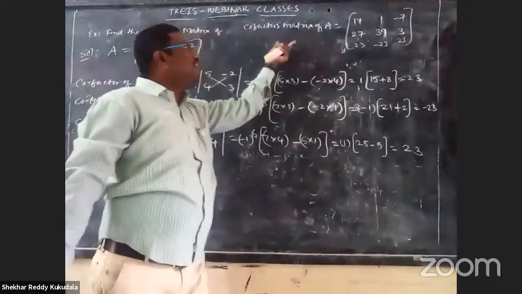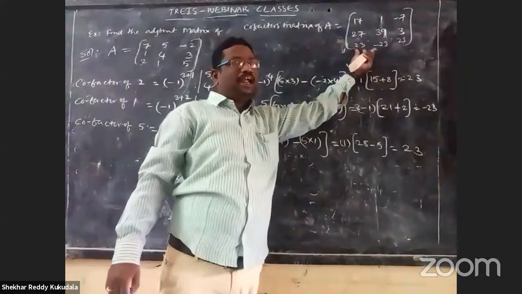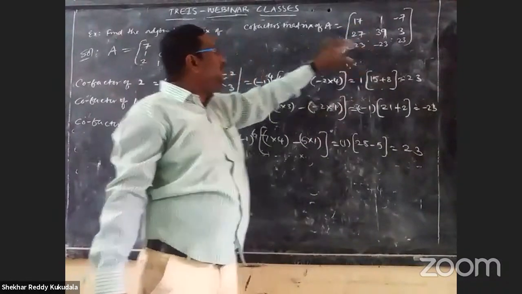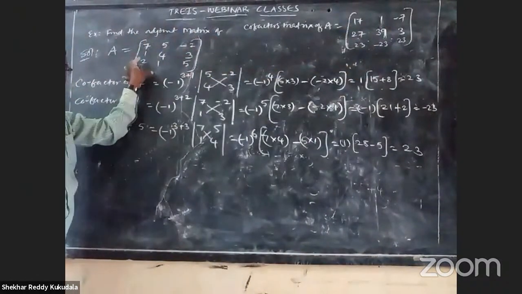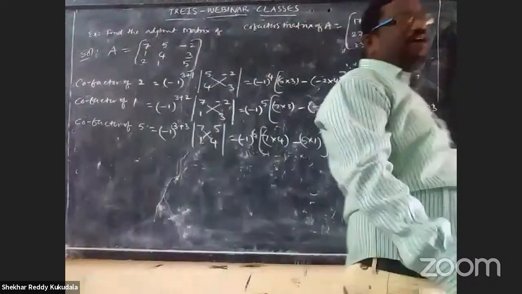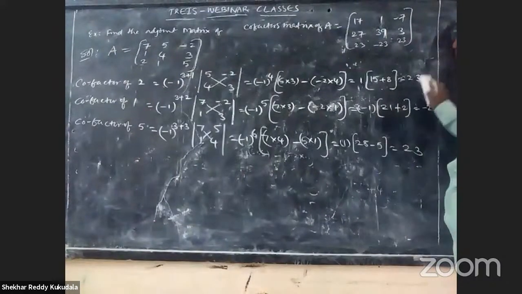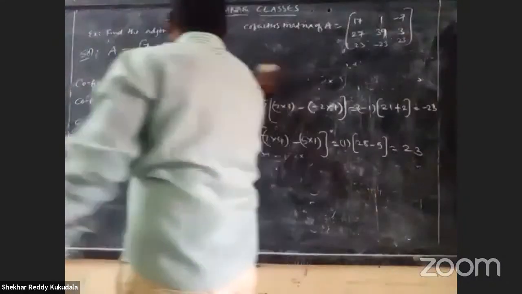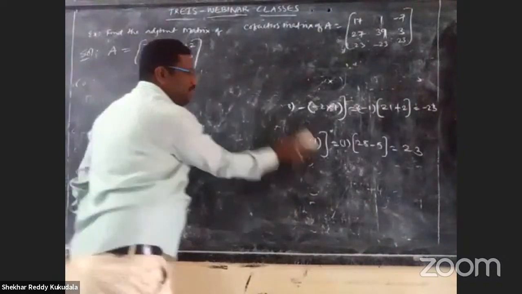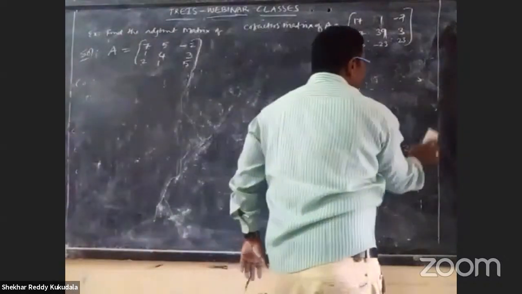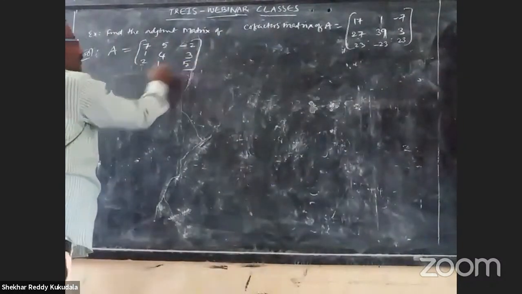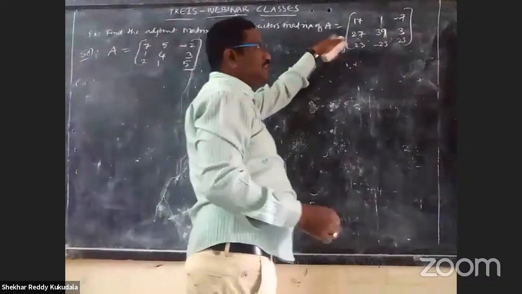So this is the matrix obtained from the corresponding cofactors of all the elements of the given matrix, hence we call it a cofactor matrix. Once we know the cofactor matrix, the transpose of the cofactors matrix is defined as the adjoint matrix of the given matrix.